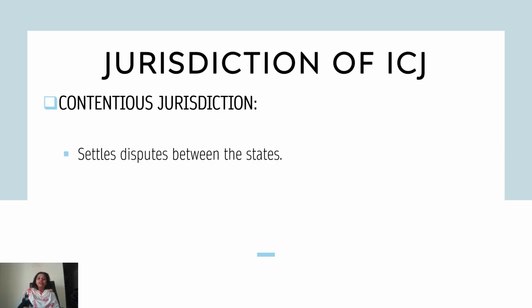If they do not consent, ICJ usually does not take a matter ipso facto. It cannot decide a matter on its own. It can decide a matter only when the states want it to. So both or all the states involved in a dispute must agree that ICJ should settle the dispute between us.